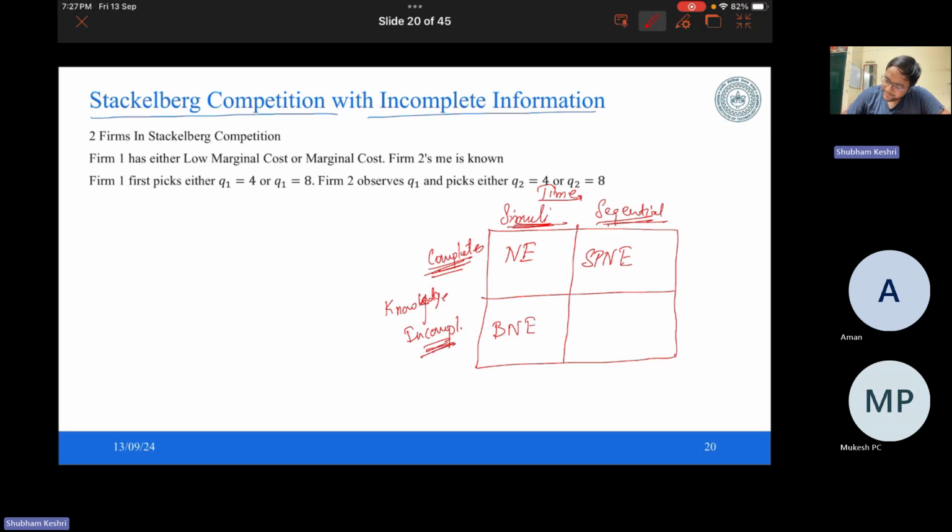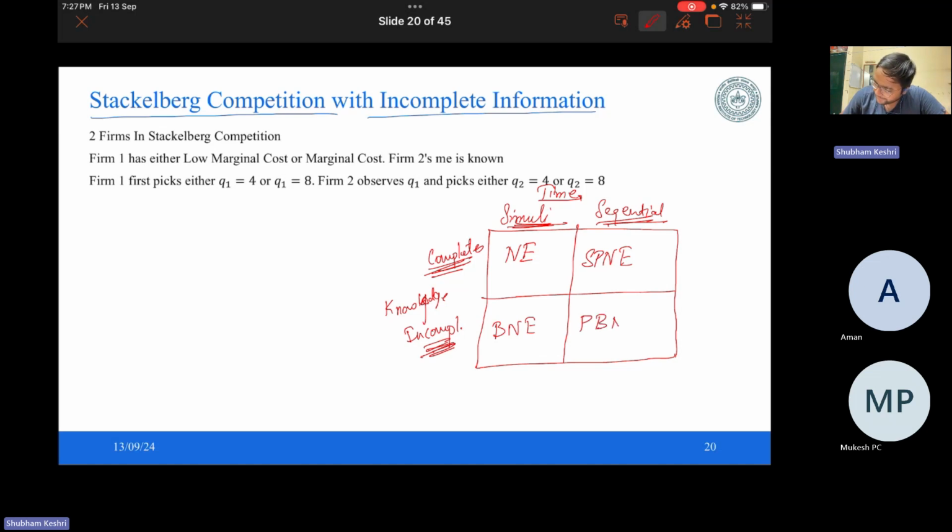For a sequential move game and incomplete information, what will be the solution concept we'll talk about? I don't know. So in this week's lecture, that was discussed.